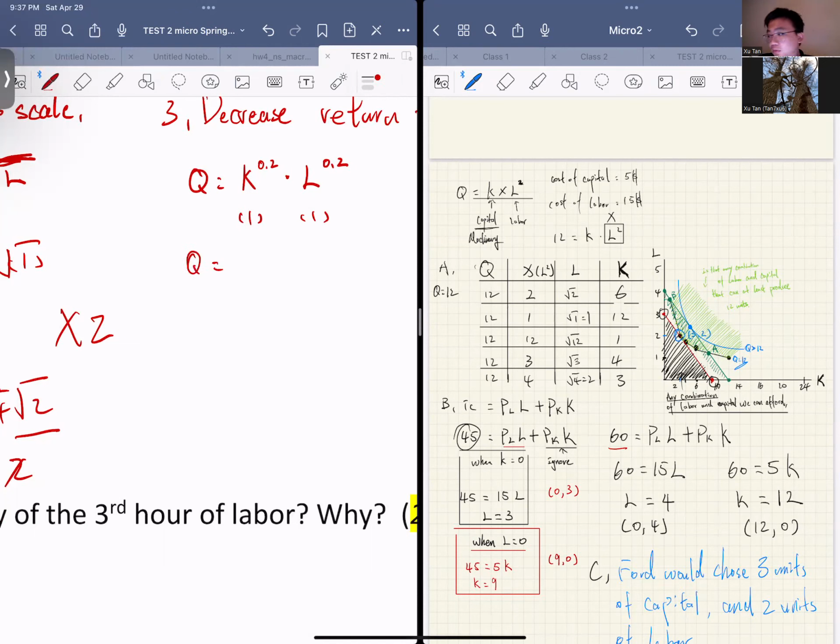Q will equal, let me use the calculator. With 1 and 1, Q equals 1. What if you put in 2?